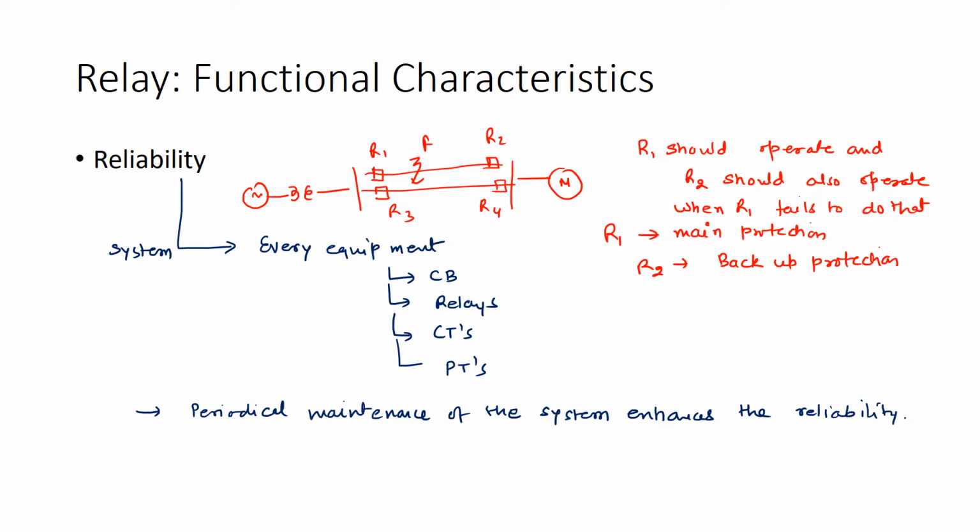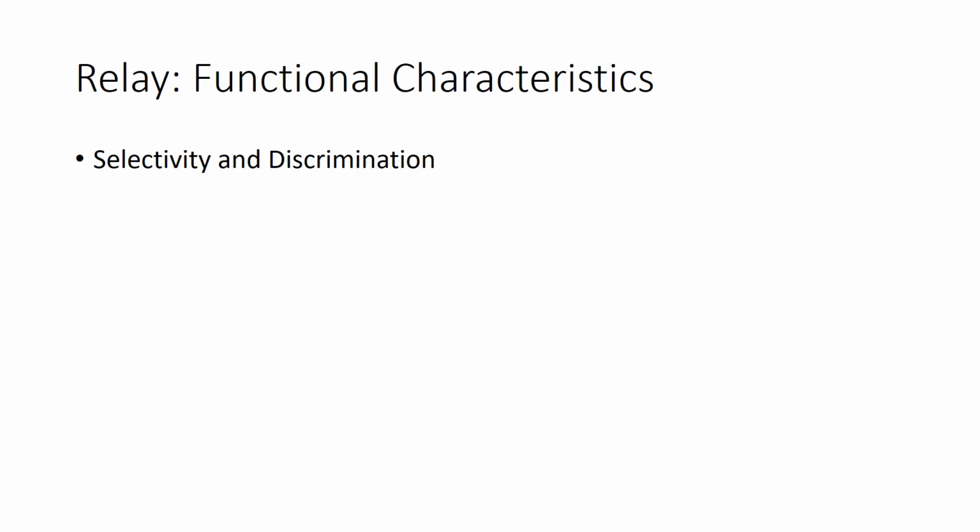This is how the question comes in the RTU, in any university examination or midterm examination: explain functional characteristics of the relay. So reliability is the first functional characteristic of the relay. Now the second functional characteristic of the relay is selectivity and discrimination.